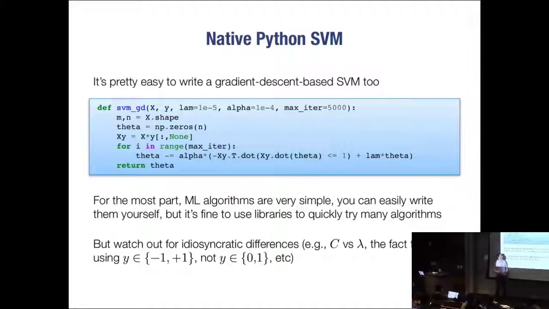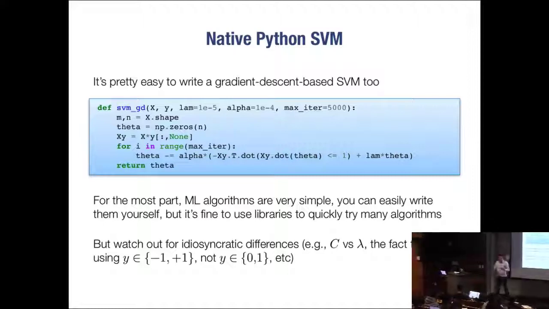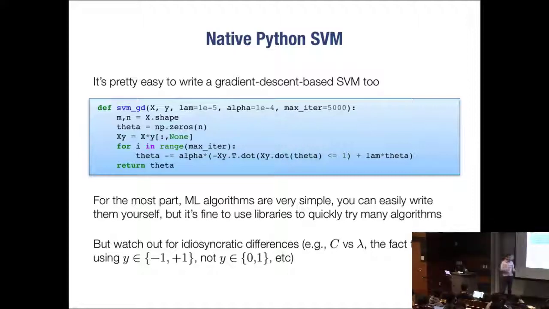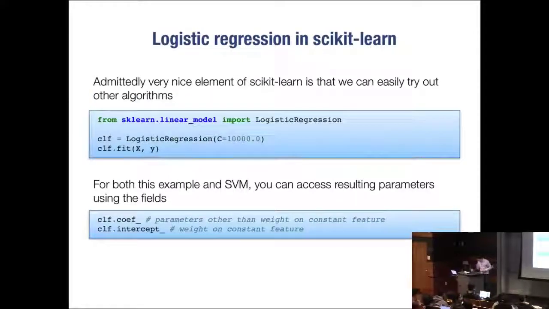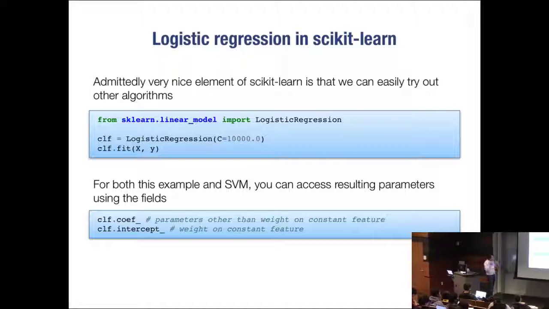And it subtracts alpha times that, and then it returns theta. So that actually does everything you need for a support vector machine to solve it. And it's nice to have a few lines of code that can do something seemingly quite complicated. Okay, I have one more here that you can all just code for logistic regression too.